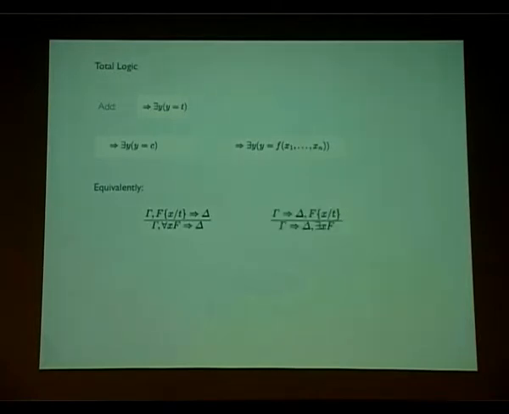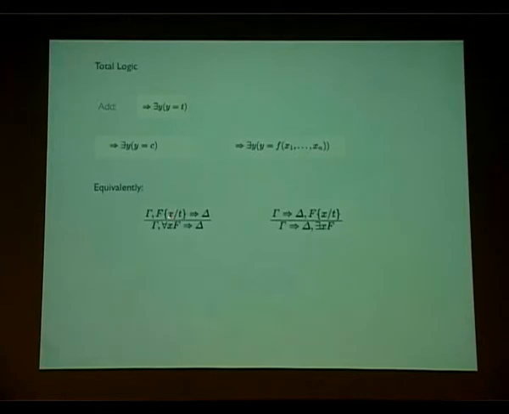What about total logic? Well, if you want total logic, you simply add axioms that make every term defined, like this. And this is equivalent to adopting these rules, the usual for all. Oh, there is a mistake here. Of course, you have to revert this. No, okay, I'm sorry.